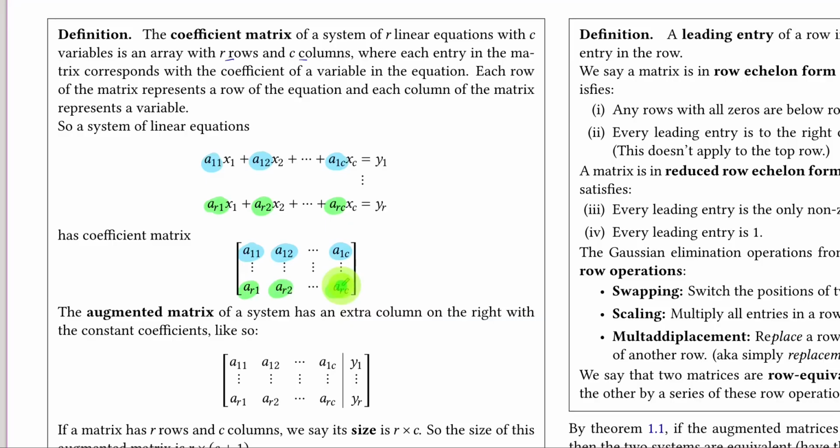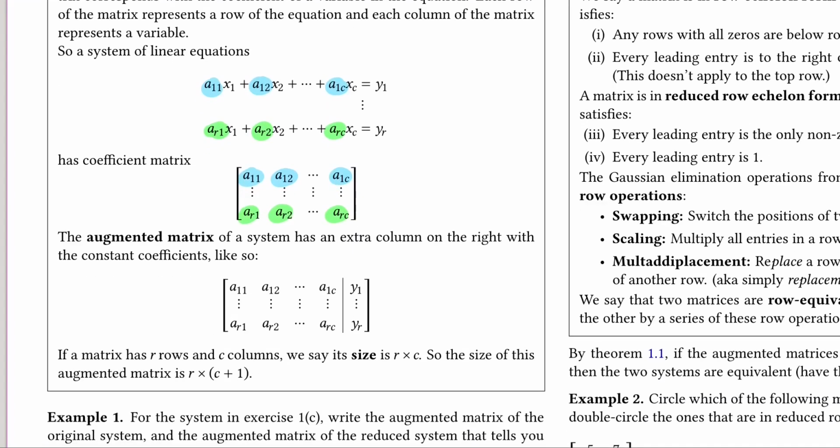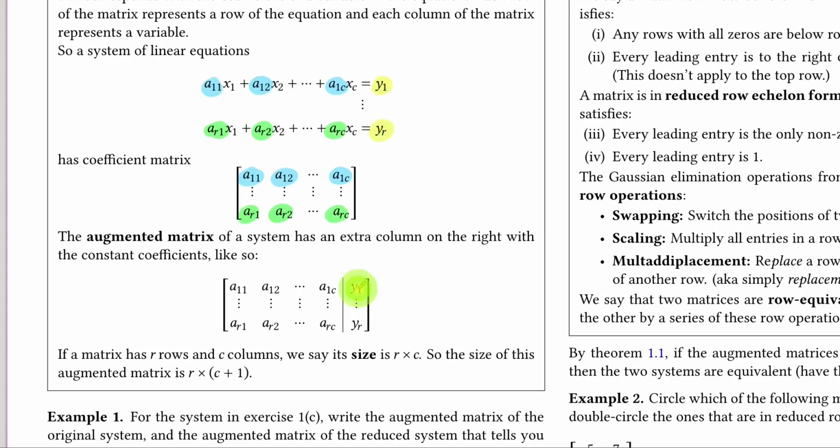So there's that. A lot of the time, we're going to also be talking about an augmented matrix. That's where we write the whole system, including the constant coefficients on the other side. But the part on the left is the same as it was with the coefficient matrix.